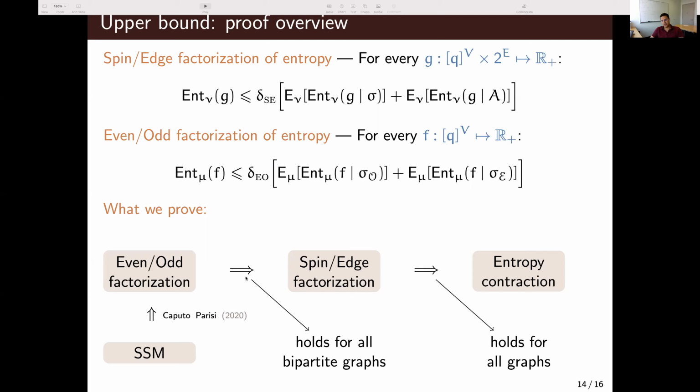Okay? And the second thing that we prove here is that the spin edge factorization implies entropy contraction. This actually holds for all graphs. Here we don't put any restriction on the graph. Okay? And again, this is useful for proving results about the Swendsen-Wang in other settings. Okay, so that's it for our proof of the upper bound.